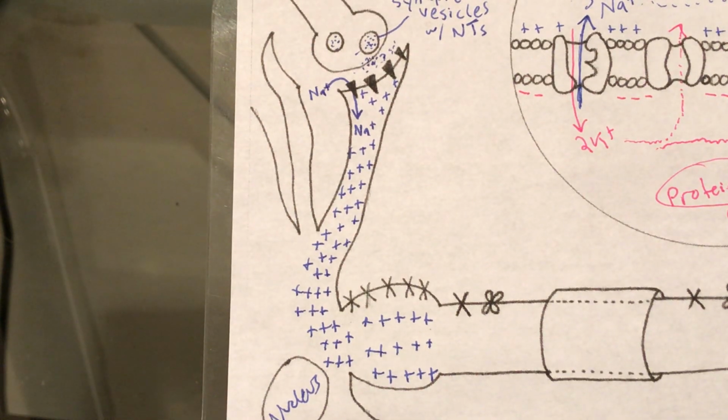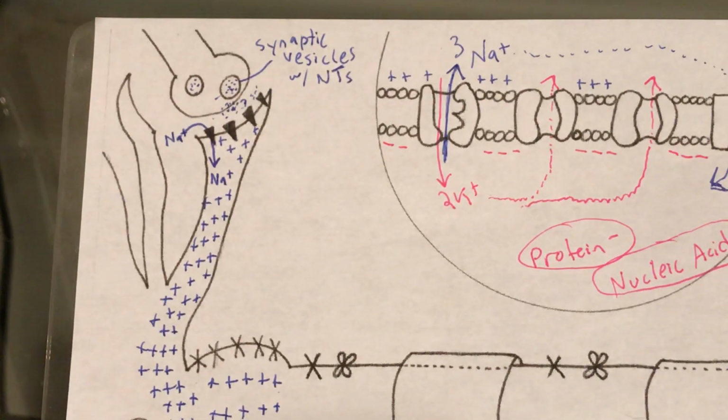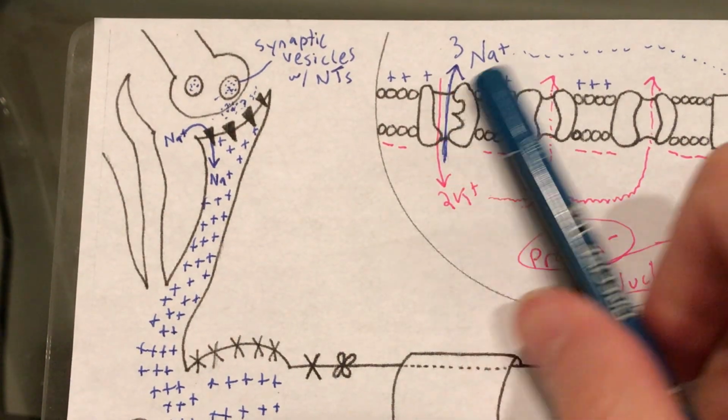Now, a voltage-gated sodium channel, in contrast to a ligand-gated sodium channel that we saw previously, is going to be activated only when the proper voltage arrives. Recall that the inside of the cell is very negatively charged because of what we talked about here.